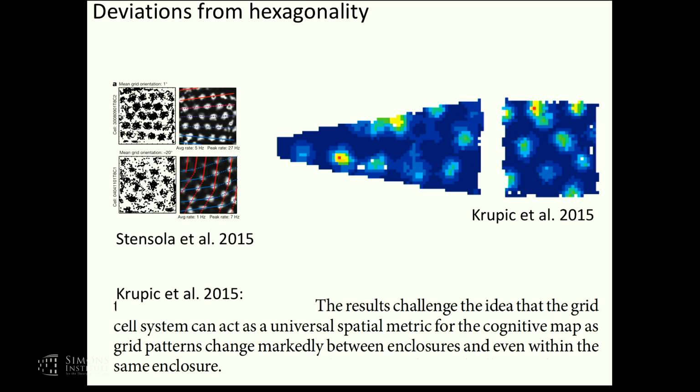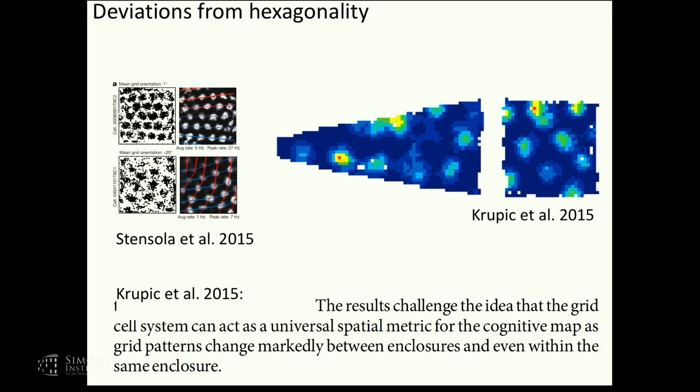You see that here's the same cell in a quadratic environment, here it's in a trapezoidal one, and there is no beautiful hexagonality anymore. And in fact, this result led them to claim that these results challenge the idea that the grid cell system can act as a universal spatial metric for the cognitive map, as grid patterns change markedly between enclosures and even within the same enclosure.